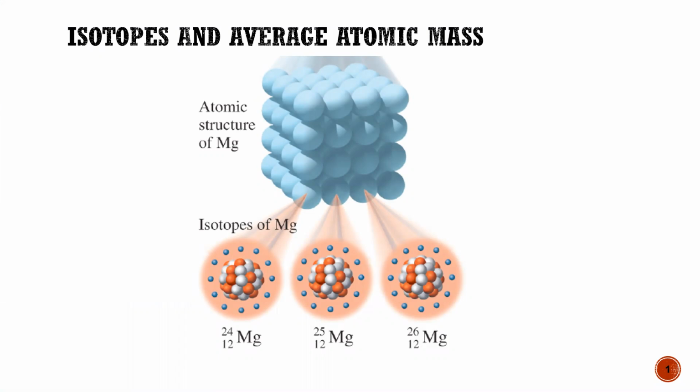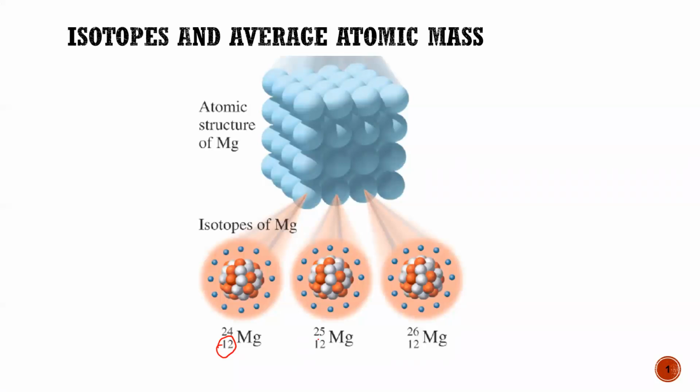So, we've already talked about how basically the atomic number, the number of protons, determines the identity of an element. So, magnesium, if you look at a periodic table, is in the 12th position. That number in that box in the elemental symbol, the smaller number, is 12.